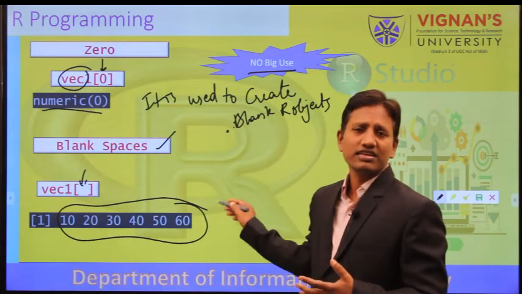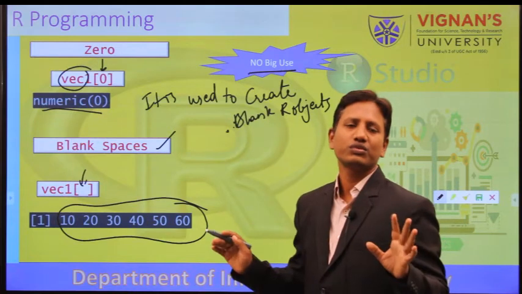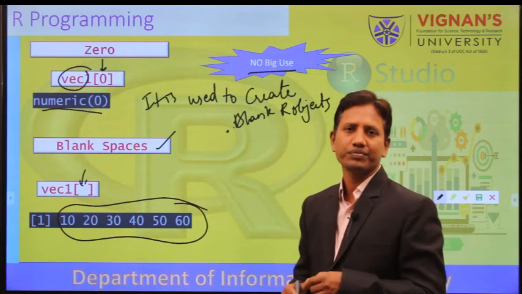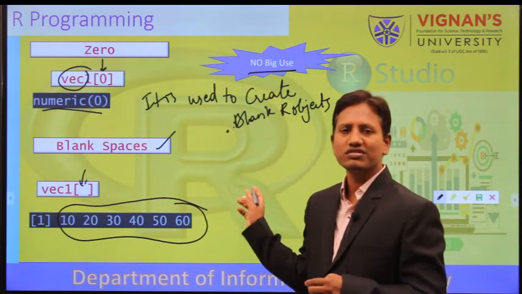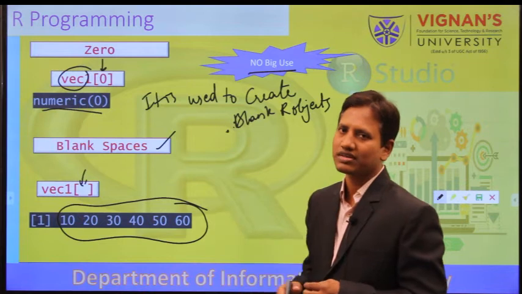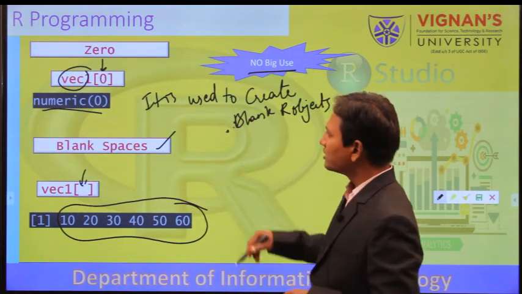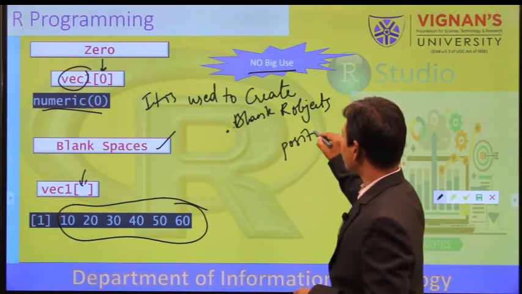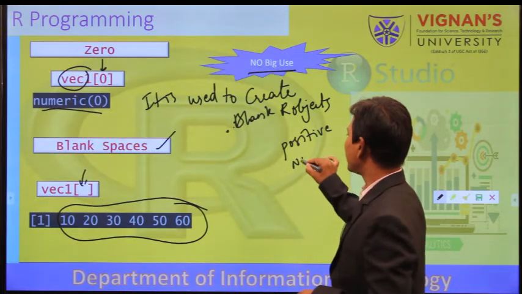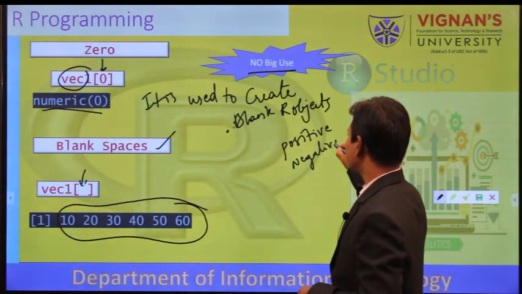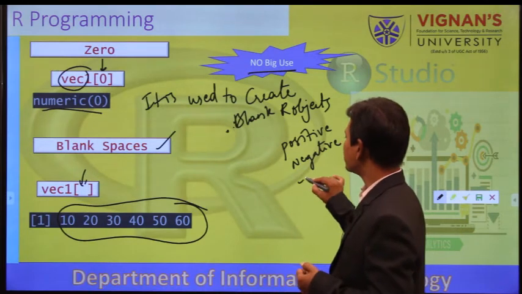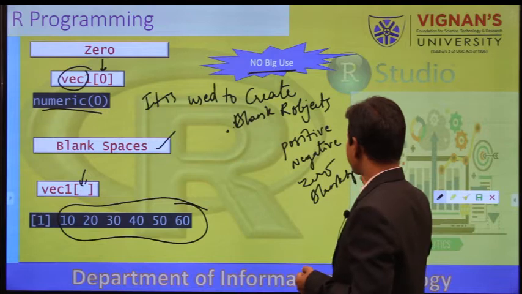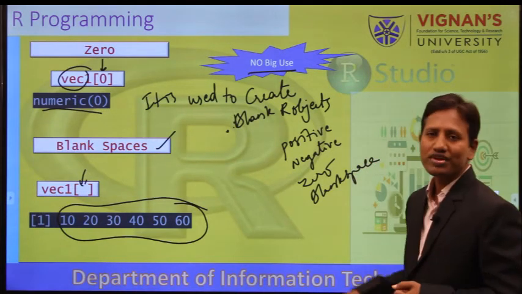And this is the case with all objects. It can be matrix, it can be list, or it can be data frame. We are going to learn how this accessing works with data frame in further classes. So, till now we have learned how to use positive value, how to use negative value as an index value, then 0 value, and blank space. 4 ways we have learned.